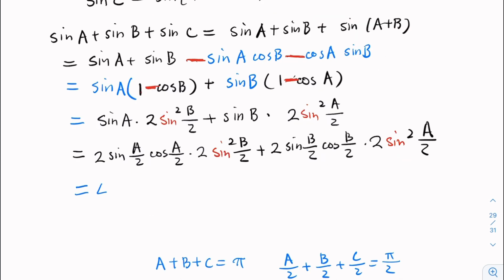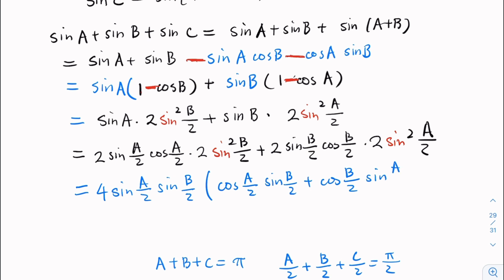All right, so let's take out 4, the common factor, sine A over 2, sine B over 2. What you're left with, in the first case, is sine A over 2 and sine B over 2, and you have one more, so you have cosine A over 2 and sine B over 2. Plus, in the second case, you take out sine A over 2 and sine B over 2, and you're left with cosine B over 2 and sine A over 2.